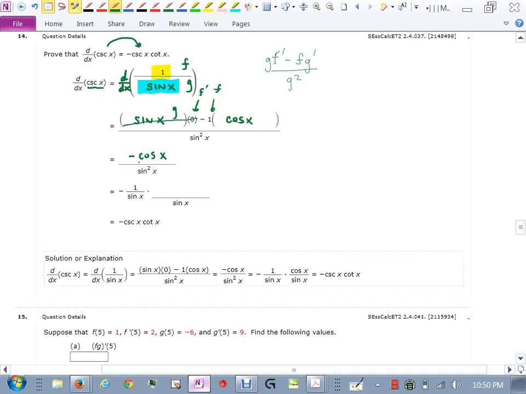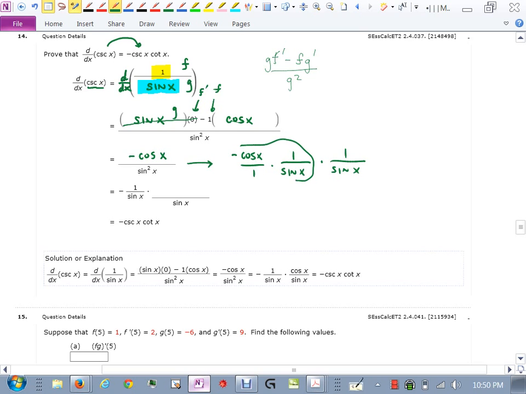And then what they do, it's kind of hard to see this, but what they do is they take the negative cosine x over, you could look at it this way. They just kind of split everything apart like that. So they take the negative cosine x on top, and then they take the sine and split it into 2.